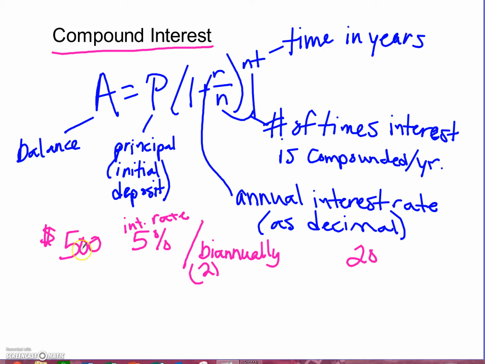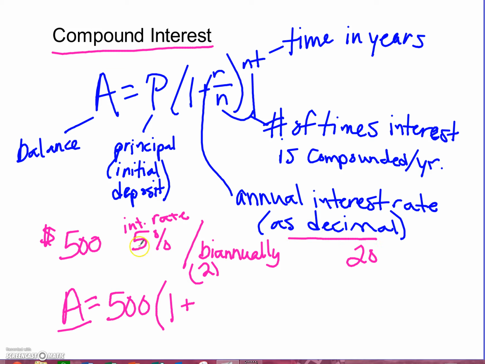So all I have to do is plug in my numbers. My balance is what I want to know, so I still don't know that one. My principal is my initial deposit. How much did I put down first? My 1 I can't change. That's going to stay the same. What is my interest rate? I want that as a decimal.